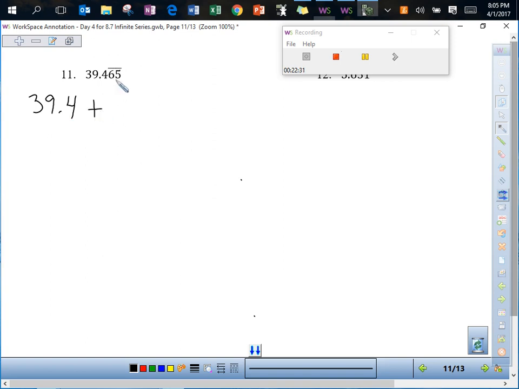To get to this 0.65 here, I need a 0 right there. So this becomes 0.065. Now, there's another 65 back here. So plus 0.00065, and then that's going to go forever.